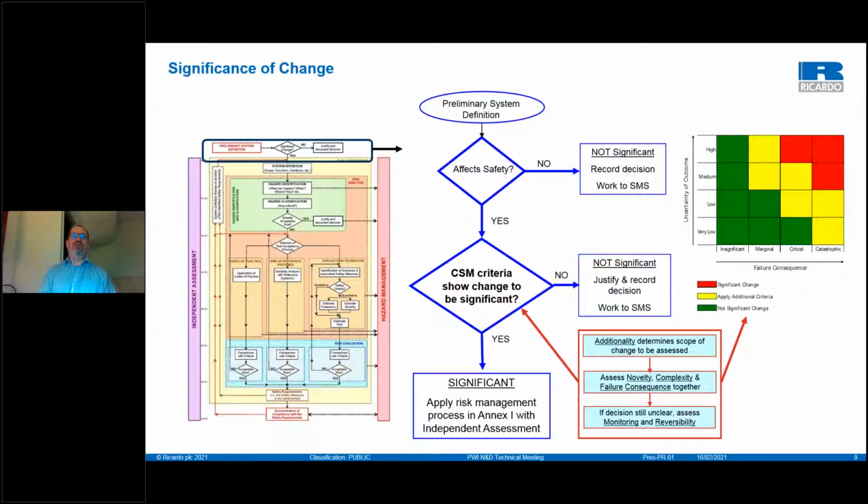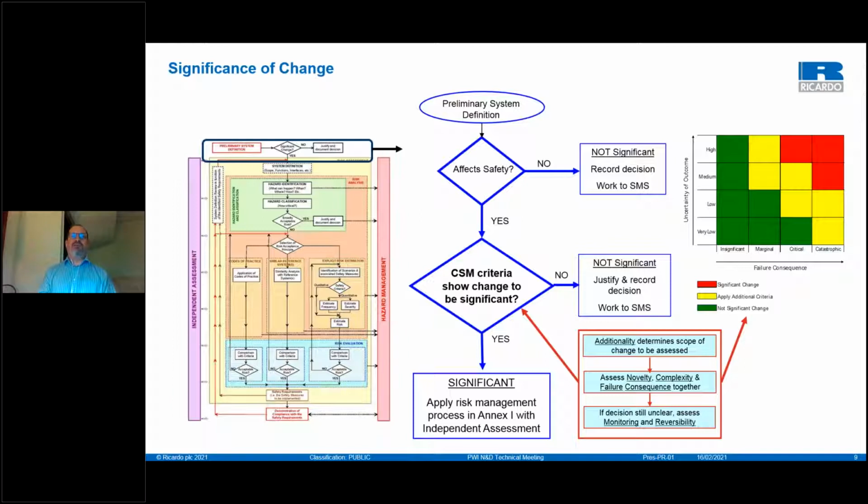So realistically, you could say, actually, no, it's not going to affect safety. So what you'd do in that instance, you'd say, no, it doesn't affect safety, I'd say it's not significant. So the requirement there is to record your decision and work in accordance with your organisation's safety management system.